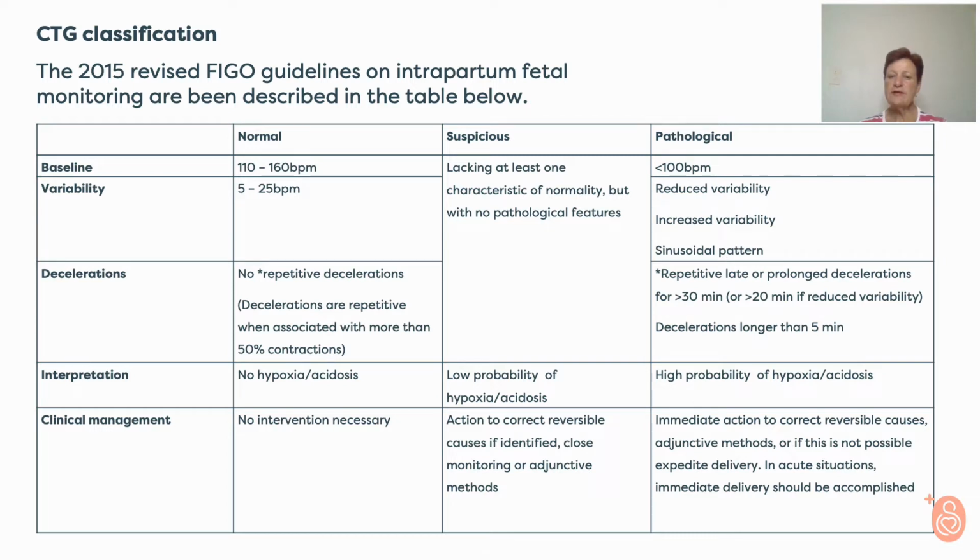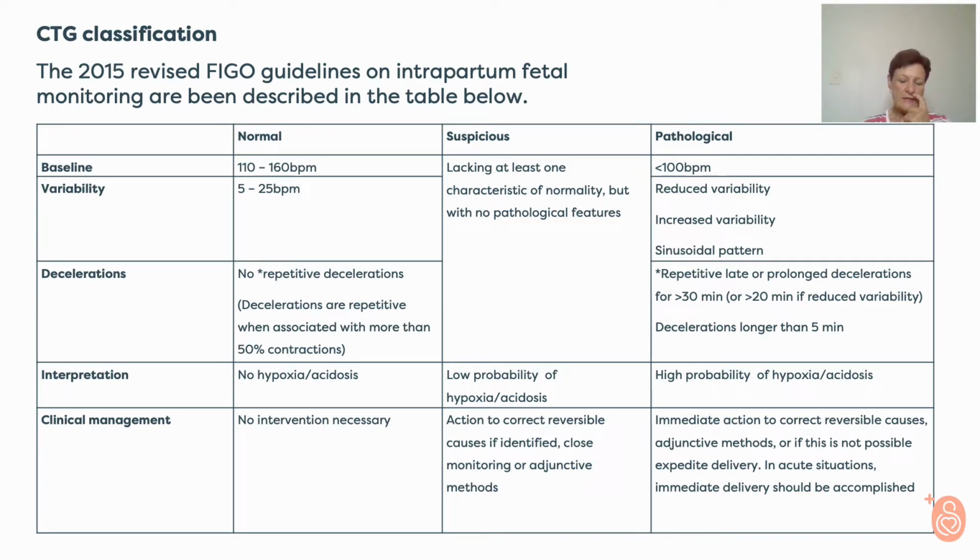When the variability is reduced or increased, or we have a sinusoidal pattern, or where we have repetitive late or prolonged decelerations, repetitive meaning with more than 50% of the contractions, and they last longer than 30 minutes, or if there's a reduced variability as well, for longer than 20 minutes. So it's either these repetitive late or prolonged decelerations, or a deceleration that's longer than 5 minutes.